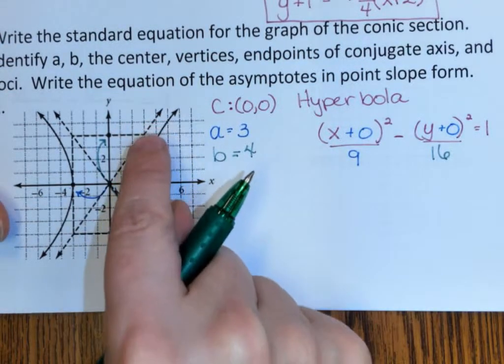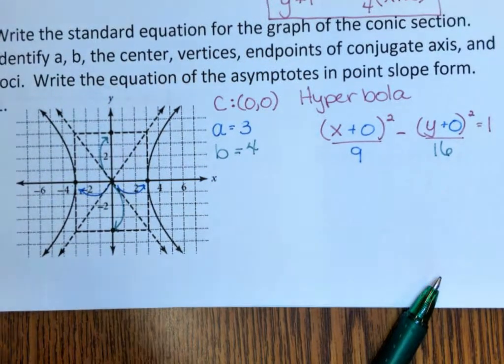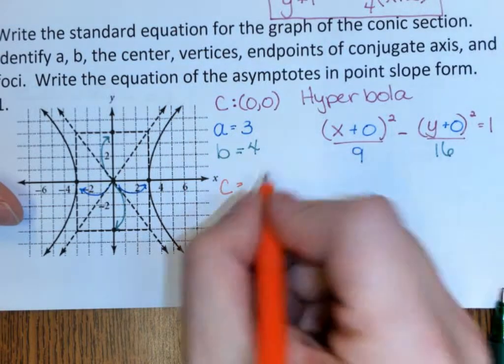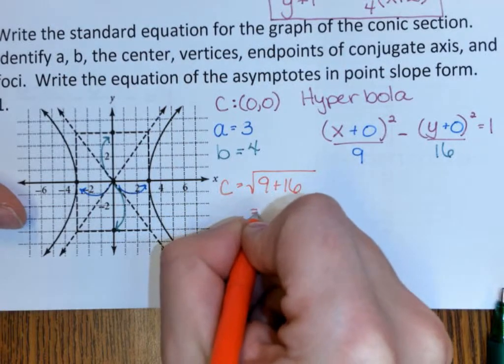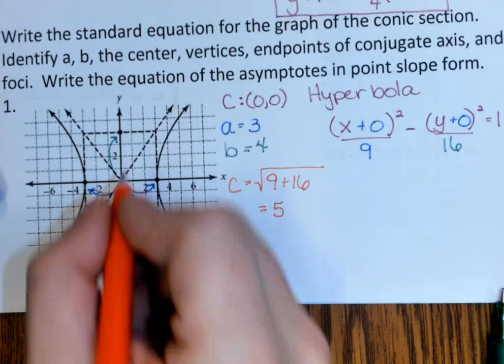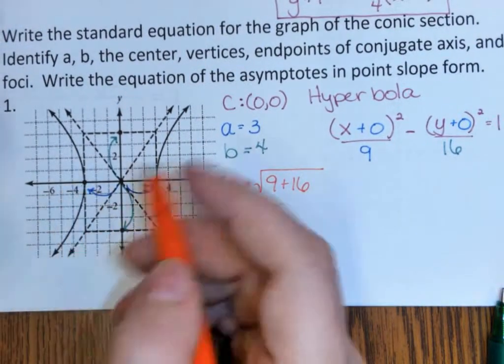We need to find the foci, so it means I need to find what c is. How do I find c? 9 plus 16, and the square root is 5. So c is 5. Am I going to go up and down or left to right? Left to right.